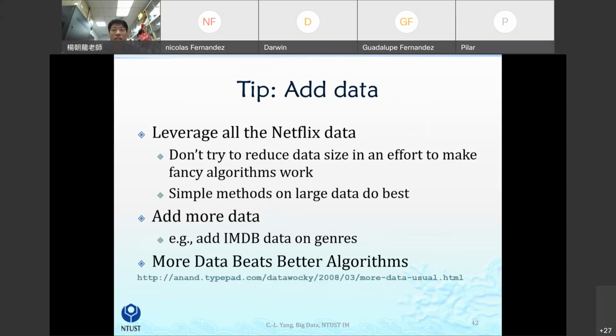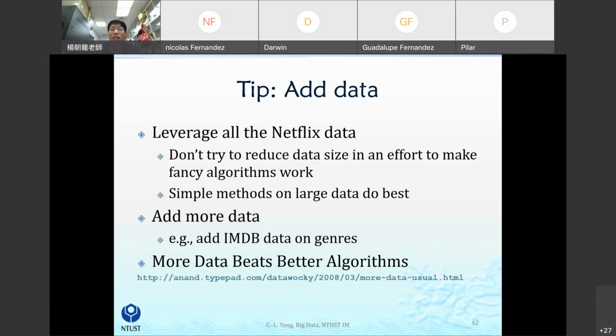And some tips. Okay, add data, of course, right? The advantage of large data. Don't try to reduce the data size, because we need to have data. There are some fundamental data sources, and other information I already talked about before. Larger data is better than small data. It doesn't mean we need a very fancy, very complicated algorithm.